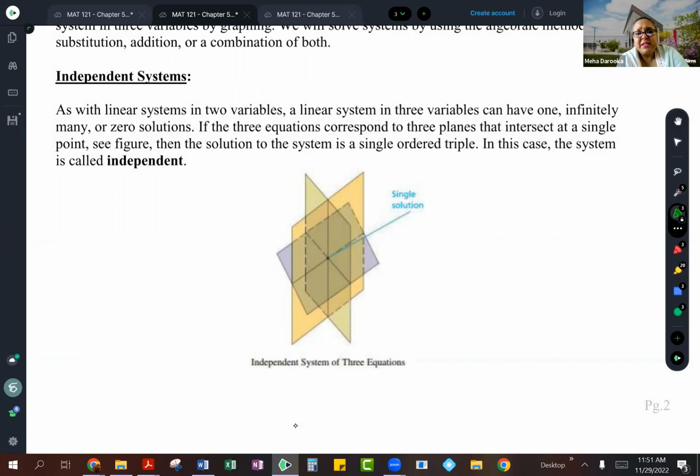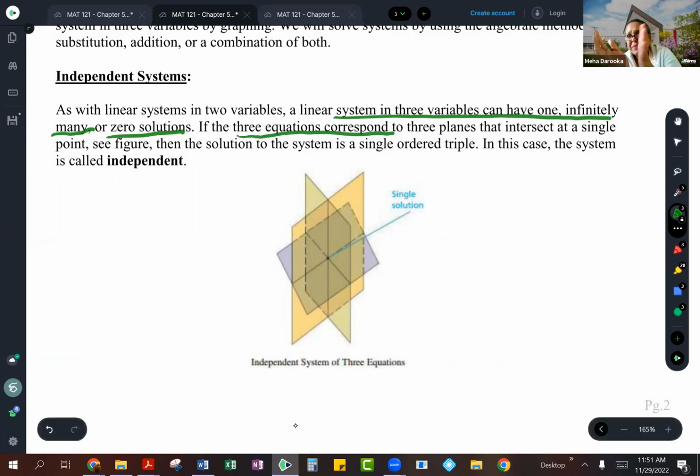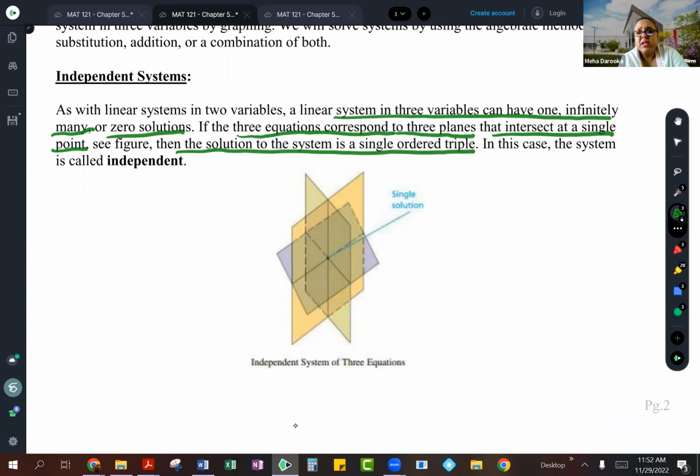If you have a linear system with 3 variables, it can have 1, infinitely many, or 0 solutions. So if your 3 equations, which represent 3 planes, intersect at a single point, then we say you have 1 single solution and your system is considered an independent system.